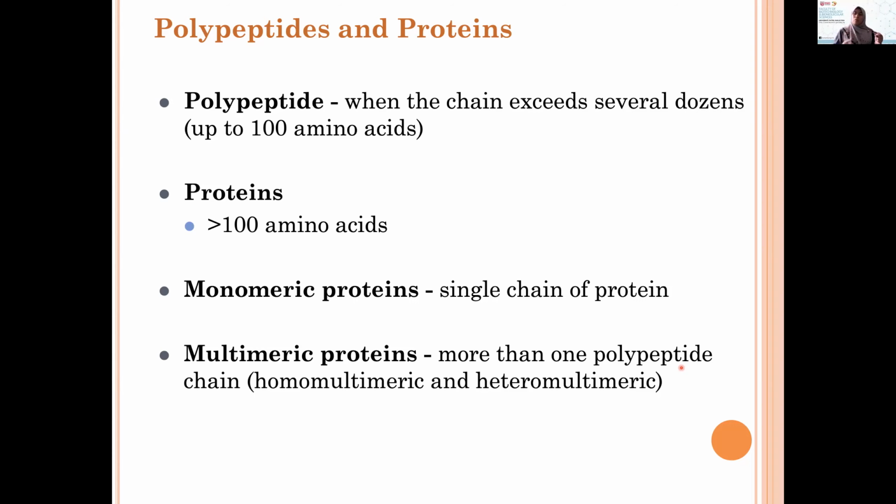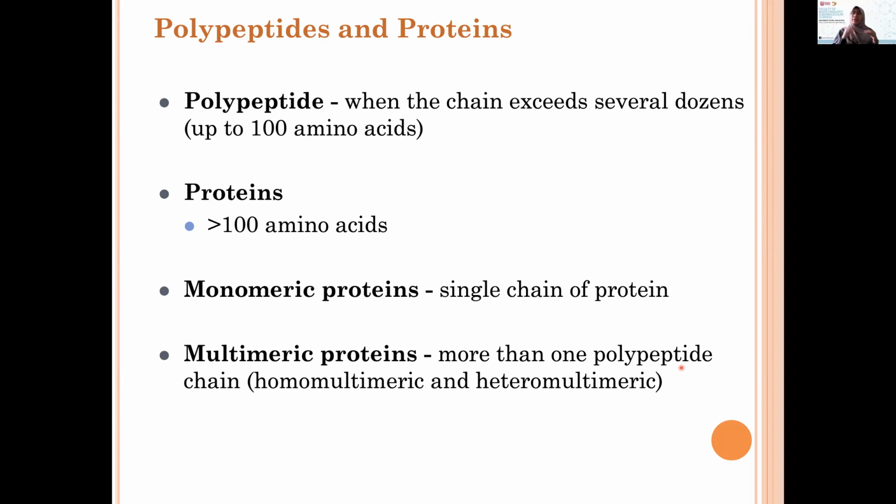One is monomeric protein, 2 is dimeric, 3 is trimeric. So that means they have different types of polypeptide.